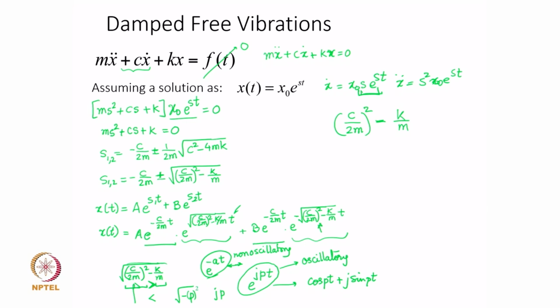And therefore, for us to figure out whether our system is going to be a periodic or a non-periodic one, we would like to introduce a term which is called a critical damping term. So, this C is going to decide, for a given system having certain stiffness and certain mass, whether the system turns out to be oscillatory or non-oscillatory.